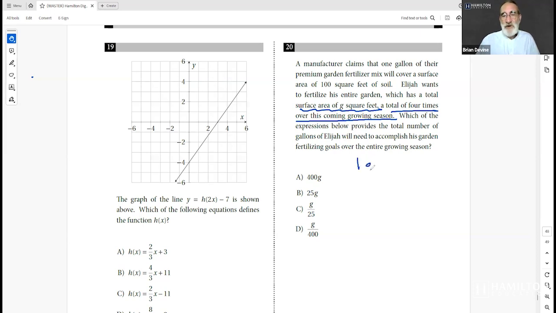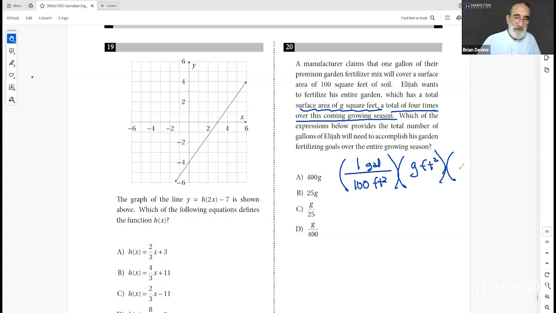Well, if it takes 1 gallon to do 100 square feet, and he's got g square feet, and he's going to do this 4 times, well, there's our setup right there, because we'll lose the square feet here, and we're going to end up with gallons, which would give us exactly what we're thinking of.